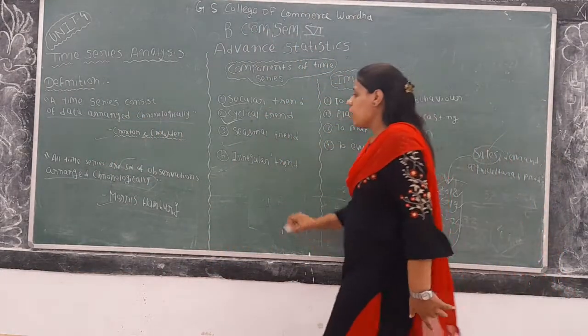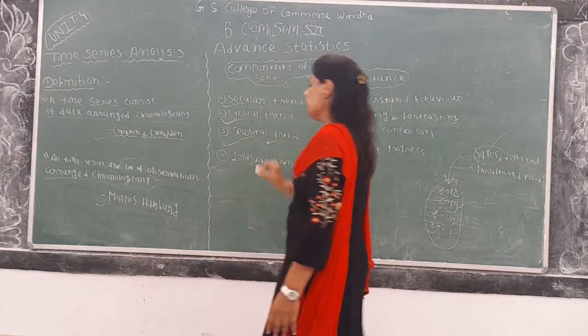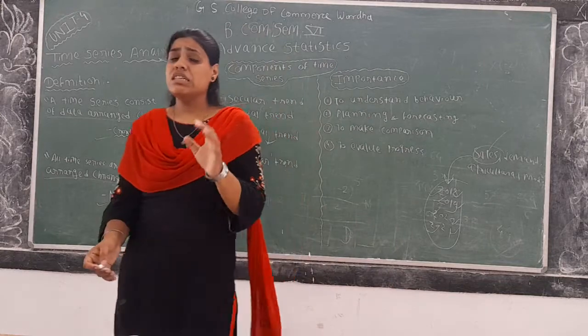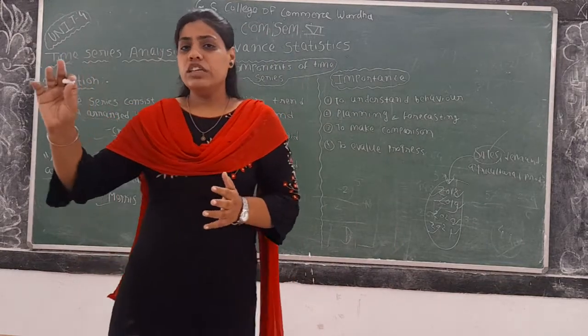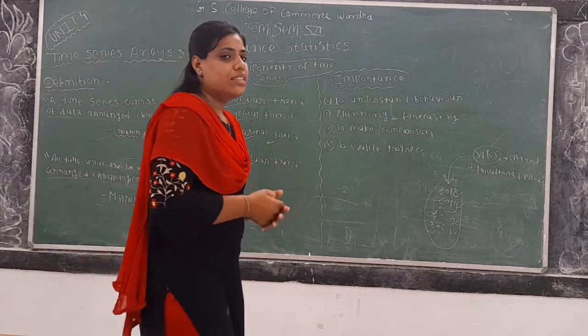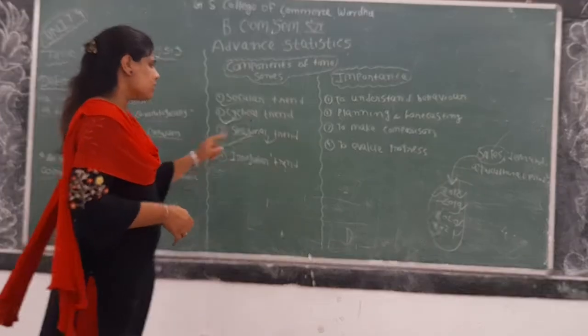Like when we talk about the seasonal trends, the rainy season comes every year, right? When the rainy season comes, the demand for raincoats and umbrellas increases. Okay, so such type of analysis, such type of study comes under the seasonal trend.